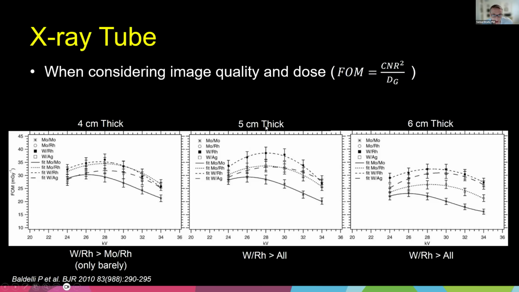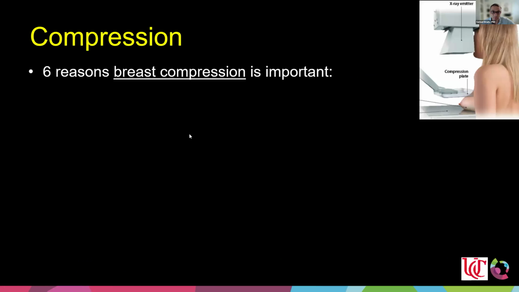But as we go to thicker compressed breasts, you can see that the tungsten rhodium line is higher. That means you get better image quality for lower breast dose compared to the other material types. And this is the main reason why we're moving away from molybdenum as a target and towards tungsten, because it's better for the image quality and it's better for the breast dose.